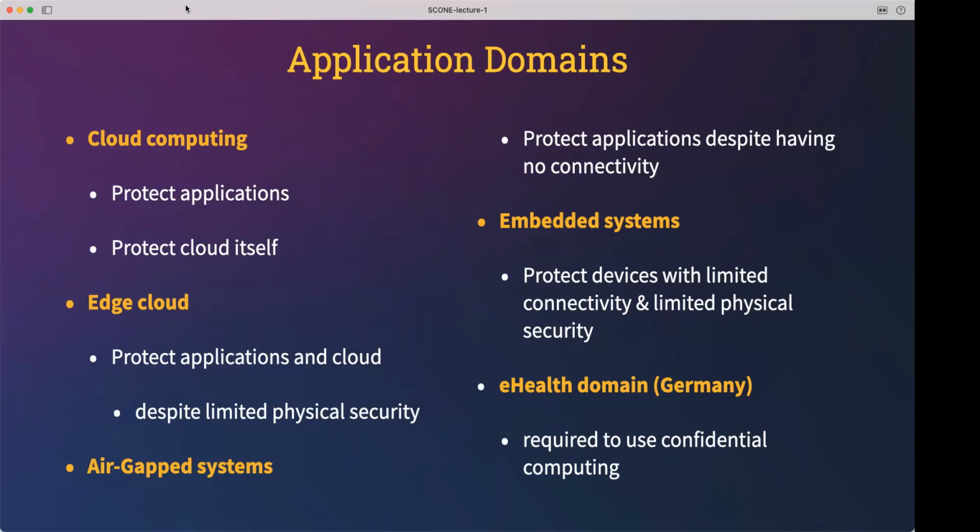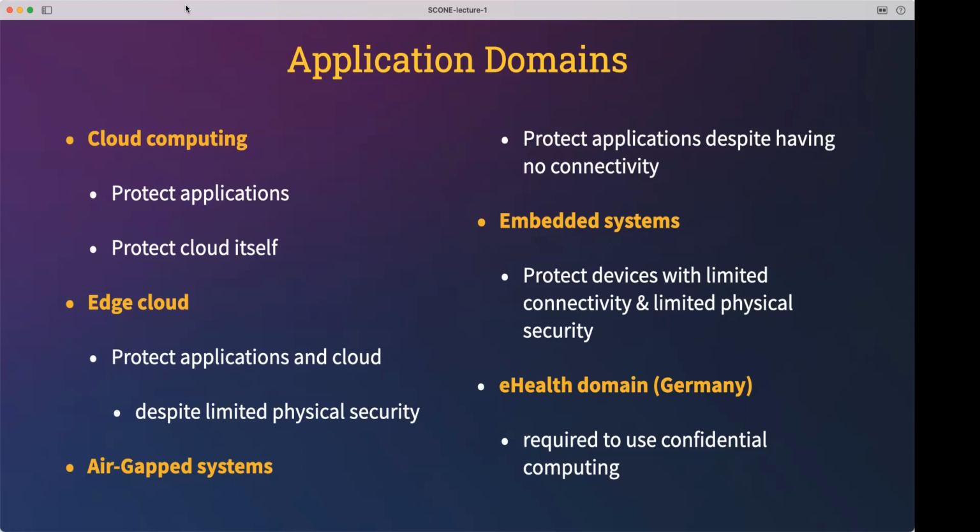We want to protect our application from the cloud provider typically, or the cloud wants to protect itself from applications. So they are dual use: first protect the application, but also protect the cloud from applications. So there you can see the use of confidential computing.